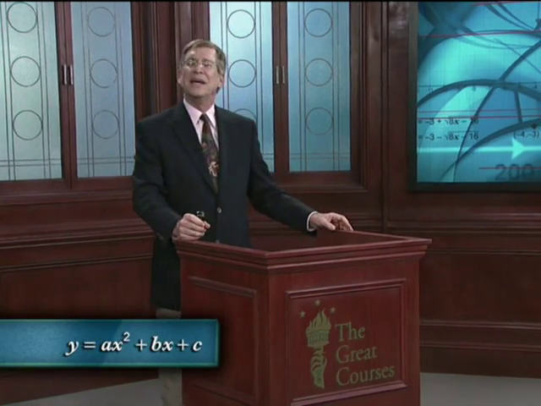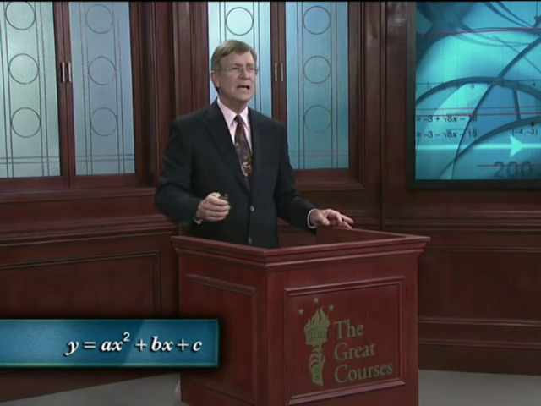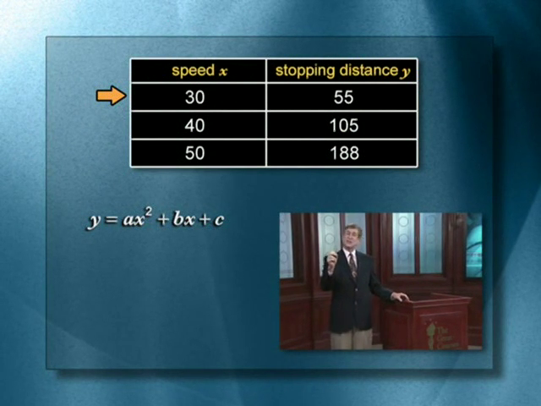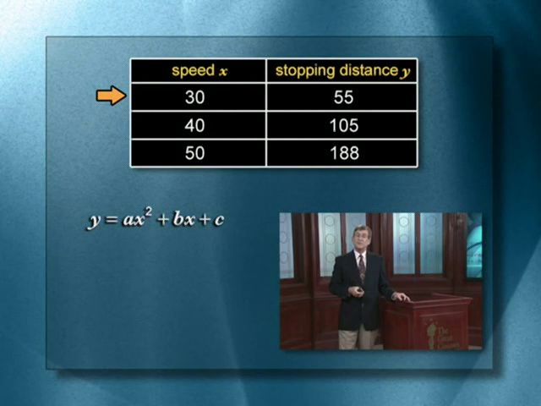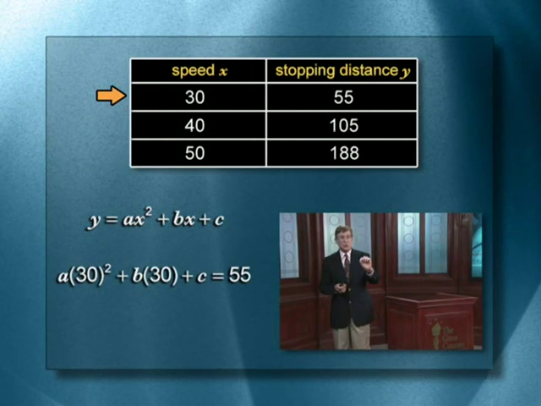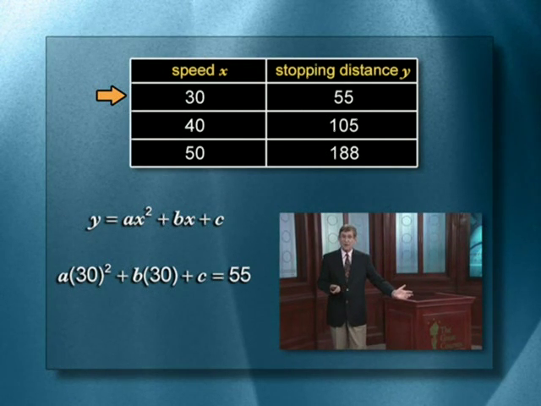This is a very common kind of engineering problem. So let's do it. Let's assume our parabola looks like they all do, ax squared plus bx plus c. We're trying to find a, b, and c, and we have some data here, don't we? We know that when we're going 30 miles an hour, when x is 30, the stopping distance is 55, so that gives rise to an equation, a times 30 squared plus b times 30 plus c equals 55.